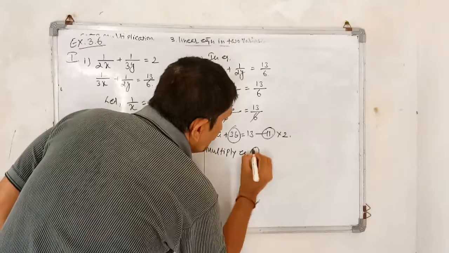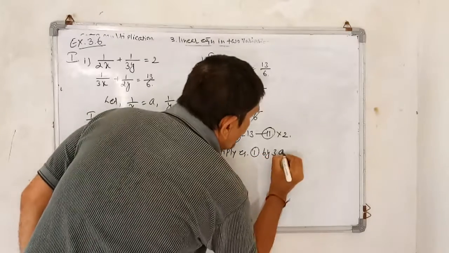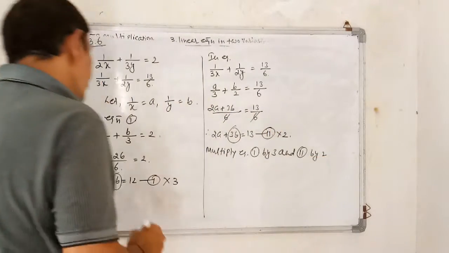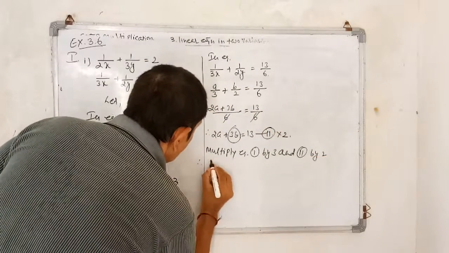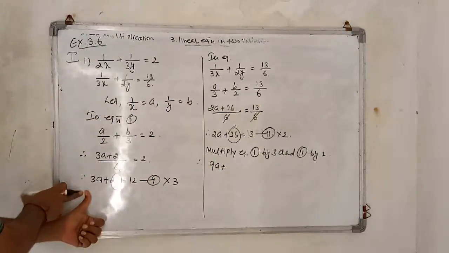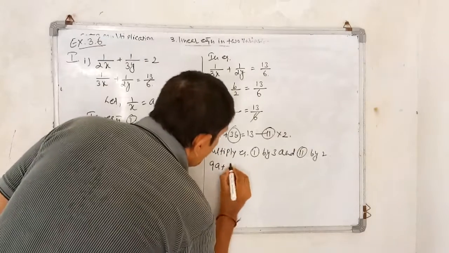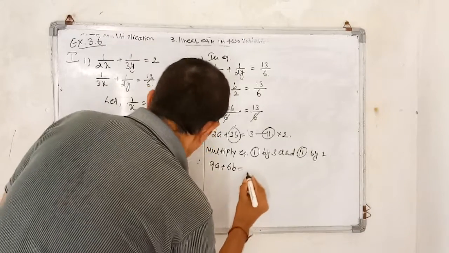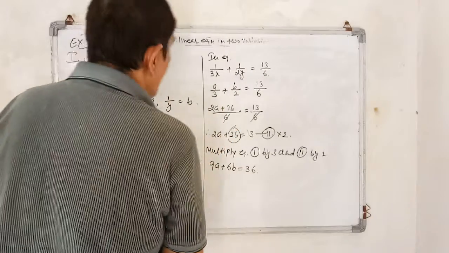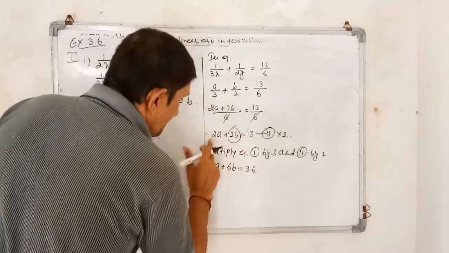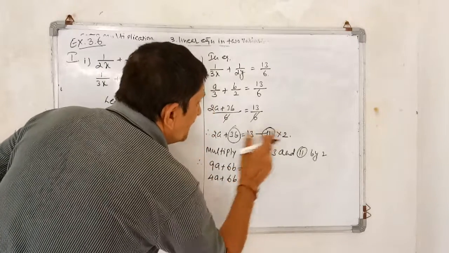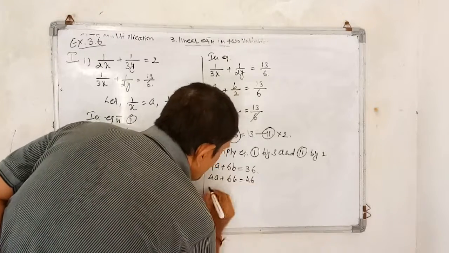Multiply equation 1 by 3 and 2 by 2. So 3 3s are 9a plus 2 3s are 6b is equal to 12 3s are 36. Here it is multiplied by 2, so it is 4a plus 6b and this is 26.